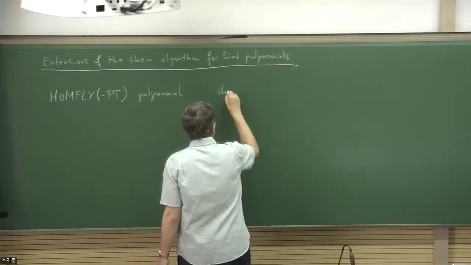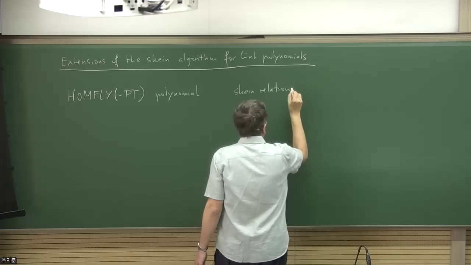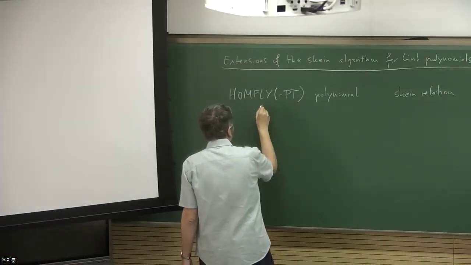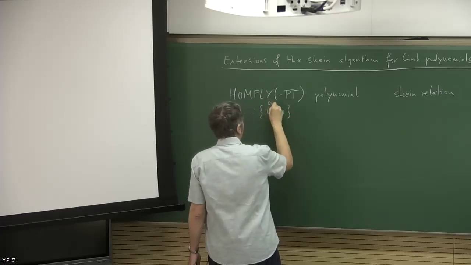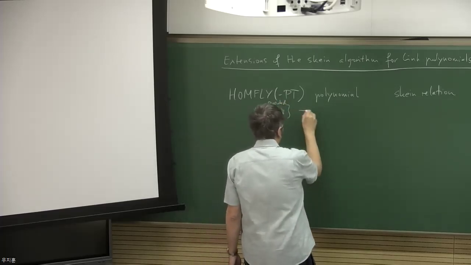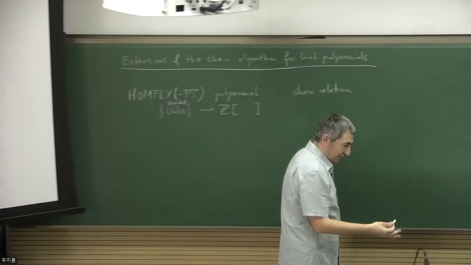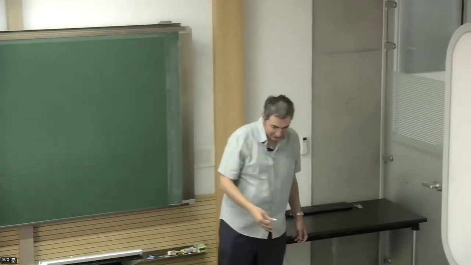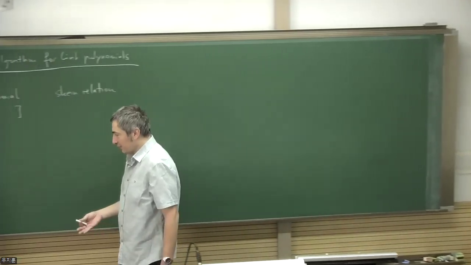So I explained this last time what this was. You can think of the HOMFLY polynomial as a map from links, let's say oriented links, to a ring of polynomials with Z coefficients in two variables where I allow negative powers.